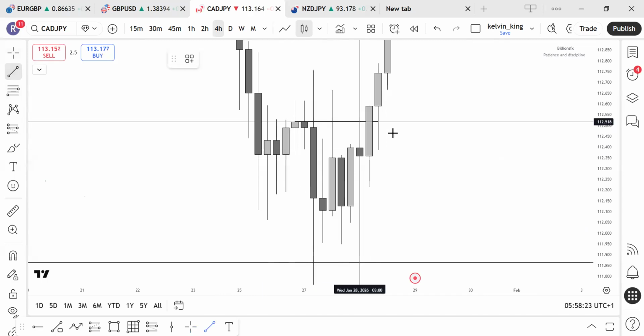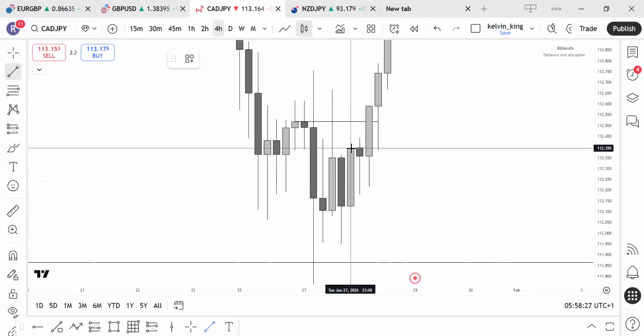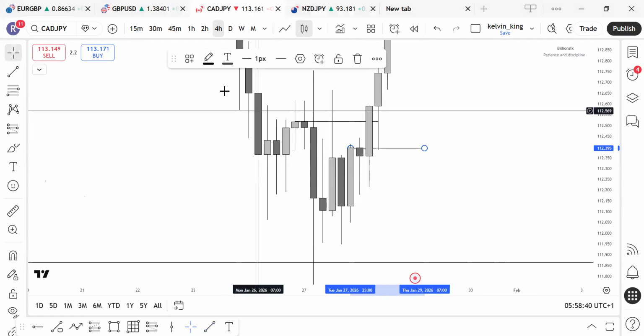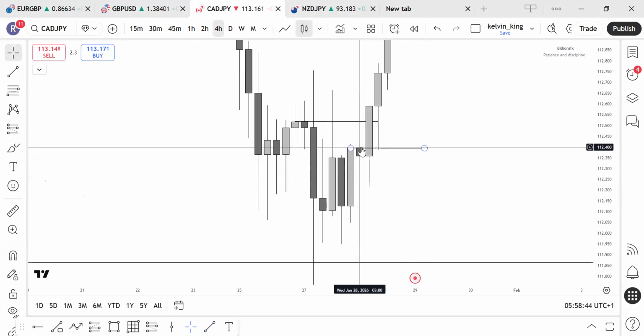Daily reject daily, 4 hours breakout. So when this 4 hours breakout happened, notice what happened there as well. So notice what happened here. This one is the internal break. Why is it the internal break?